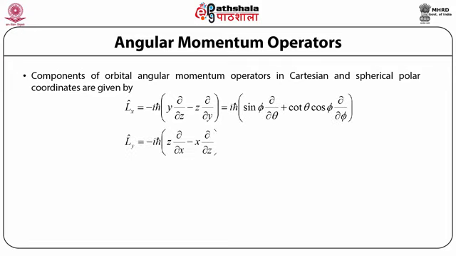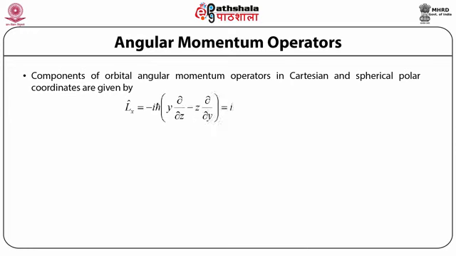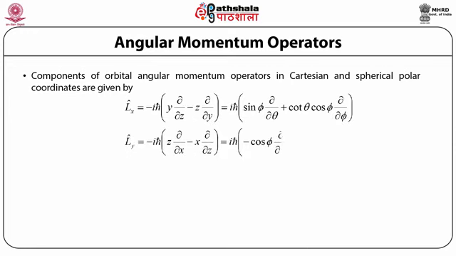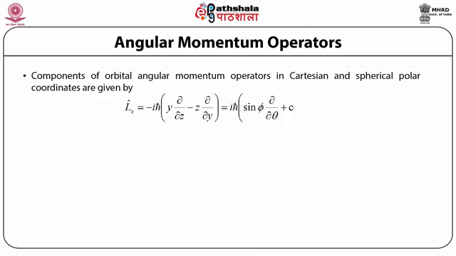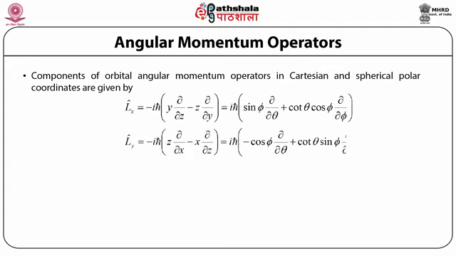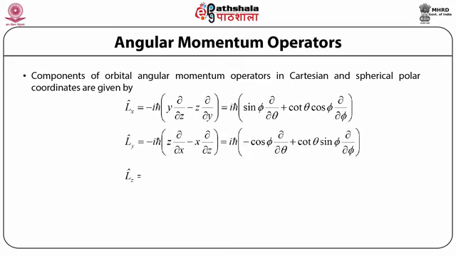This is the representation in the Cartesian coordinate system, and the representation in the spherical polar coordinate system is operator Ly is equal to i h cross times within brackets minus cos phi times partial differentiation with respect to theta plus cot theta sin phi times partial differentiation with respect to phi, where, as defined earlier, theta and phi are the angles of the spherical polar coordinate system.